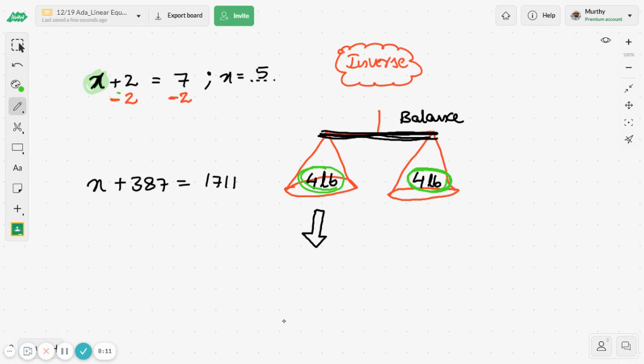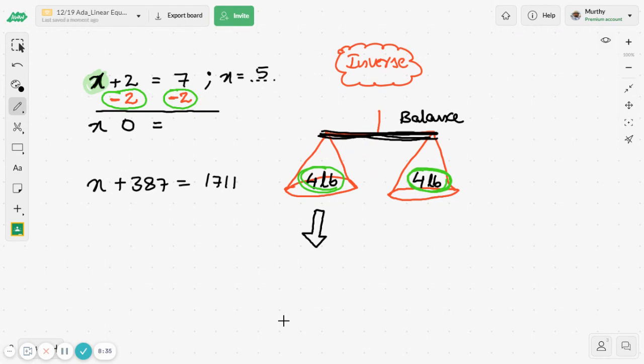So here, whatever value I take on the left side, if I take the same value on the right-hand side, this is balanced. Now, positive 2 and negative 2, integers, how to simplify? They're opposite in nature. So when I combine, I end up with 0.